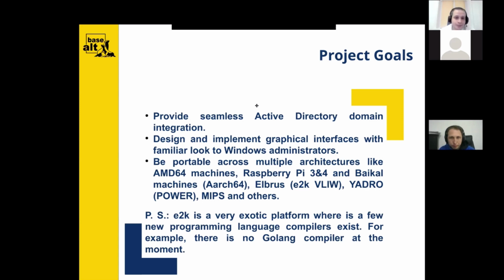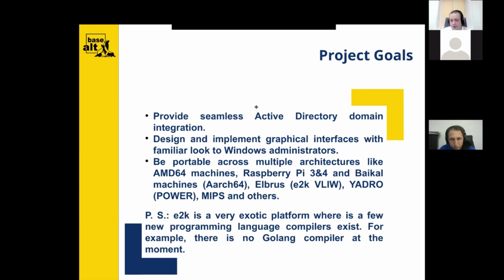We also had strict requirements for code portability because we run it not only on AMD64 architecture machines, but also on ARM and MIPS processors produced by Baikal Electronics. We're running Samba on Elbrus E2K processors produced by the Moscow Center of SPARC Technologies.